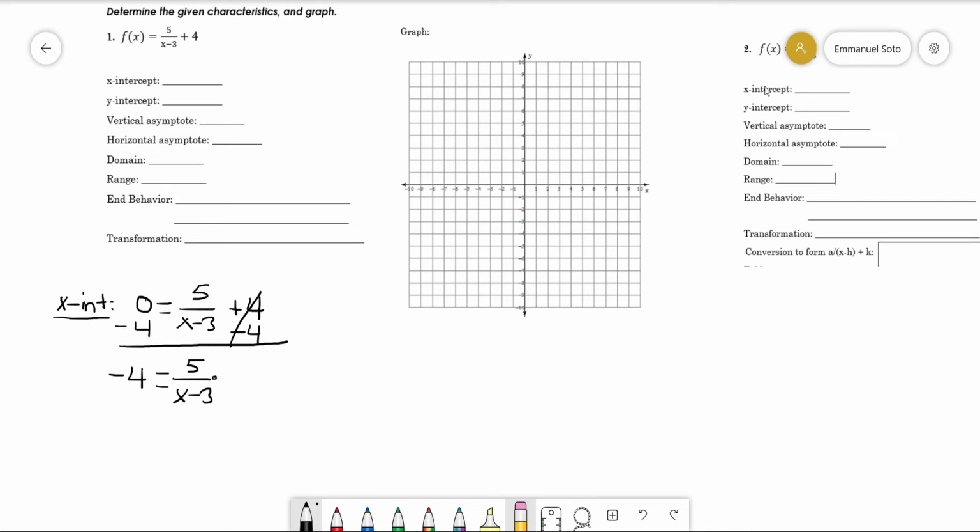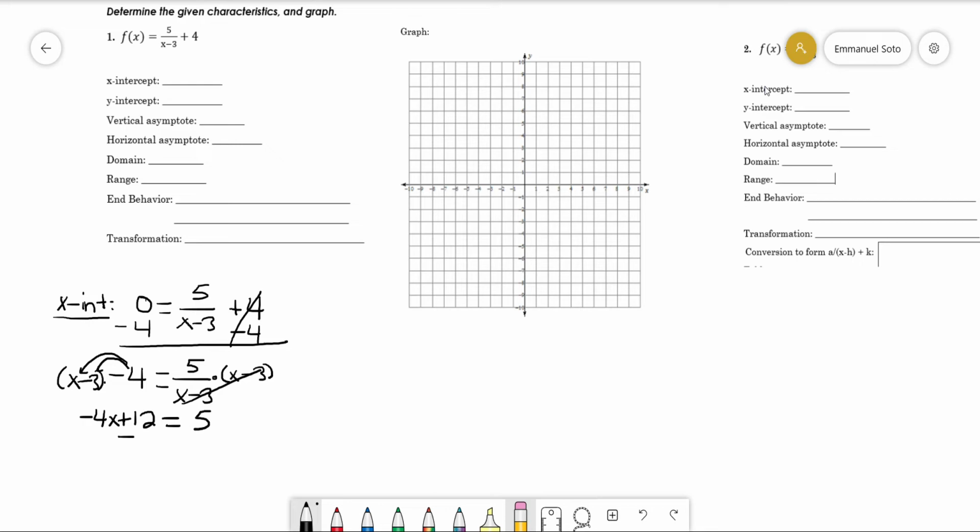So you need to multiply both sides by x minus 3. So you need to use a distributive property here. So you got negative 4x, and then negative 3 and negative 4 give you positive 12. You got 5 on the right side.